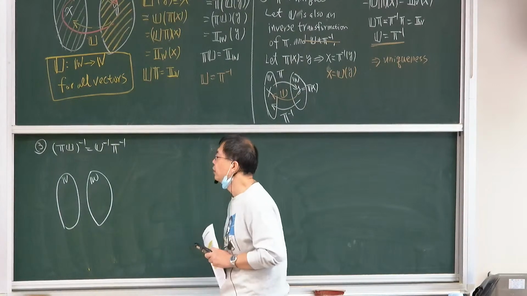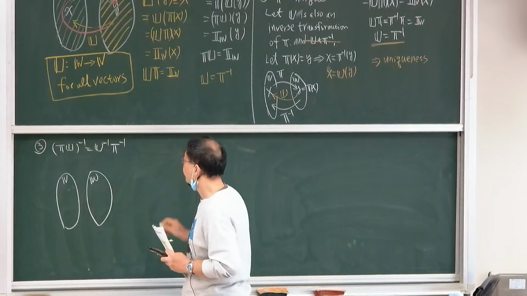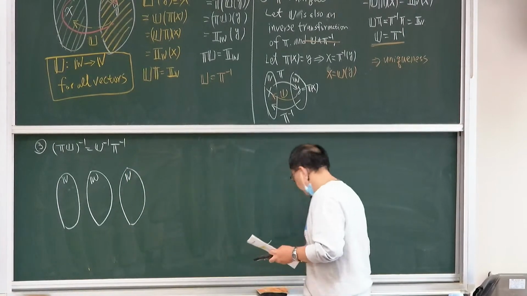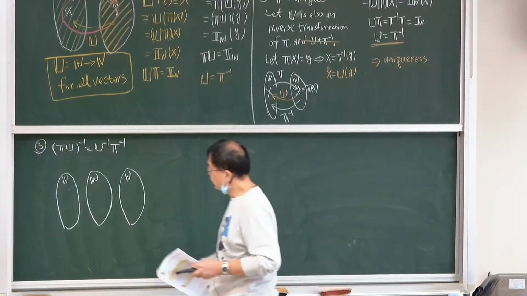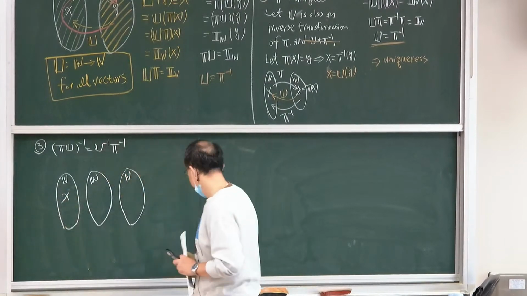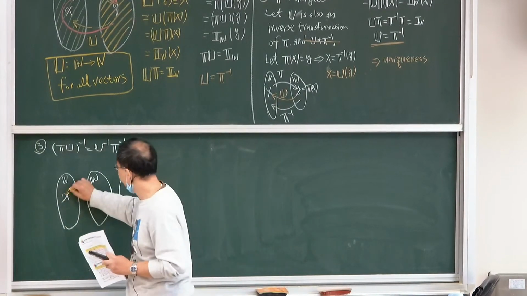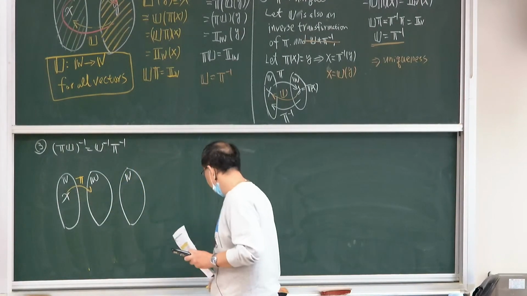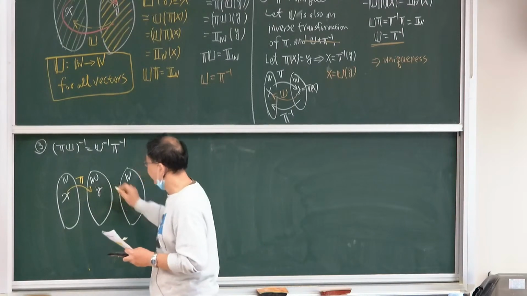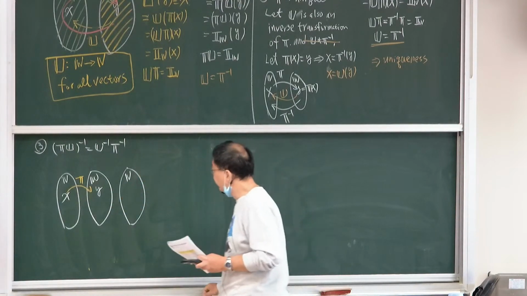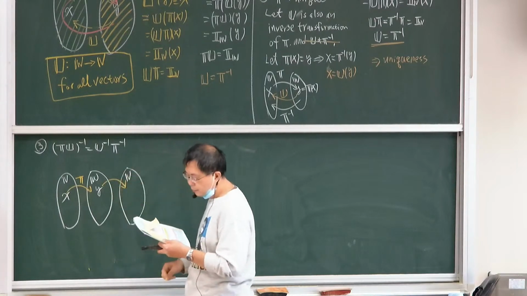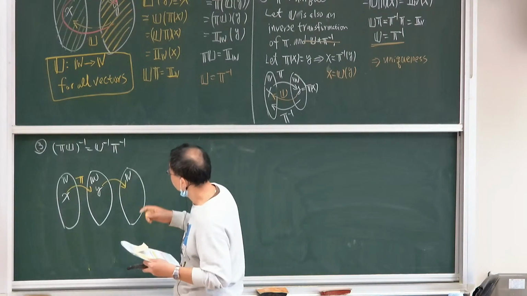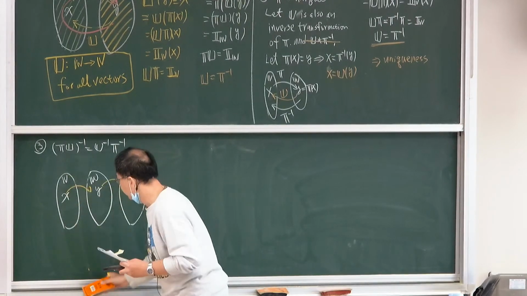If I have vector spaces V and W, and I also put another vector space V here. If I have a vector x in V, after linear transformation T we get the vector y here. And after the inverse transformation, okay, sorry, maybe I have to put U here, sorry.